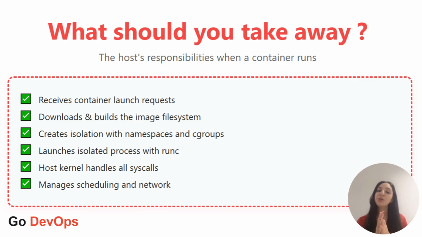From there, the host kernel takes over: it handles every system call, schedules CPU, memory, and input-output through the scheduler, and ensures networking is properly managed. In reality, a container only exists because the host is supporting it. The host is, in this case, the invisible engine that guarantees isolation, security, and performance. And that's the key takeaway: behind every container, it's really the host that is doing all the work.